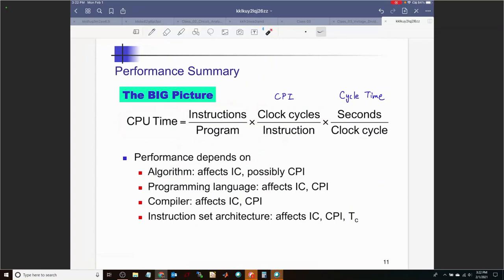Well, if somebody is writing a very elegant algorithm that can be executed with a smaller number of resources, then that is supposed to be a superior algorithm, right? So if you are able to do the same task in fewer instructions, then you are essentially changing the algorithm, and that affects instruction count.